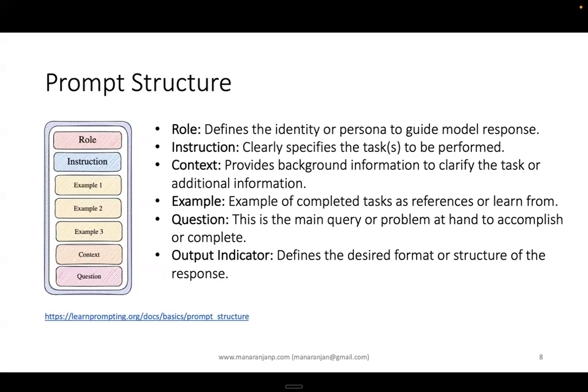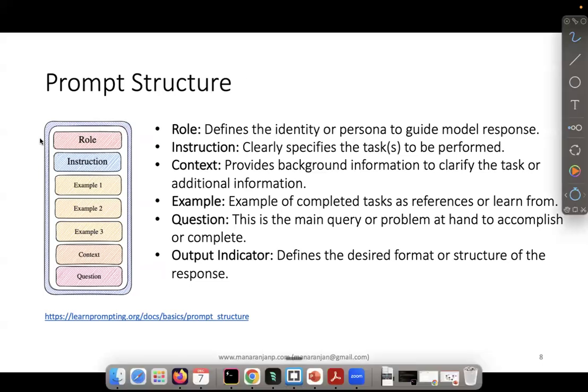For example, typically a prompt contains a role, where you define the role and the response should be tuned to that particular role. There's also an instruction. Then there will be some examples of the task that you're asked to accomplish.